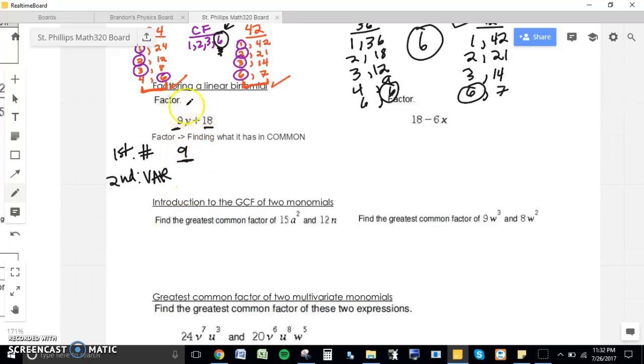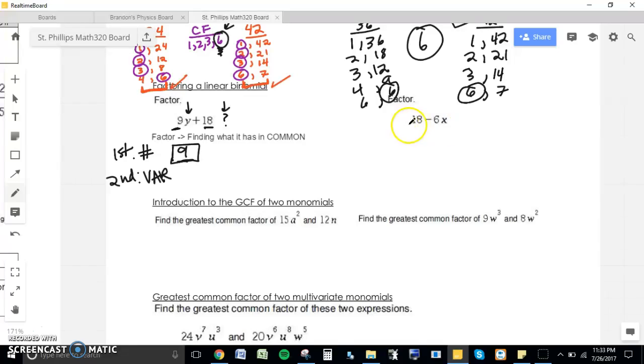What about variables? Well, this one has a y, but this one doesn't. So do they have that in common if only one of them has it? No. So guess what? This number 9 by itself is our greatest common factor. So you factor only what they have in common. If they don't have it in common, you don't factor it.